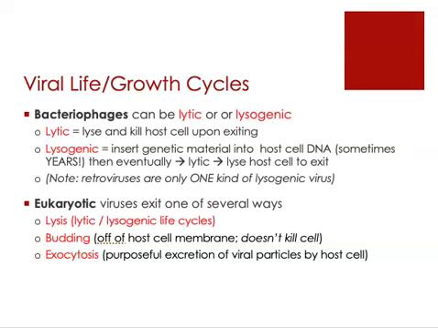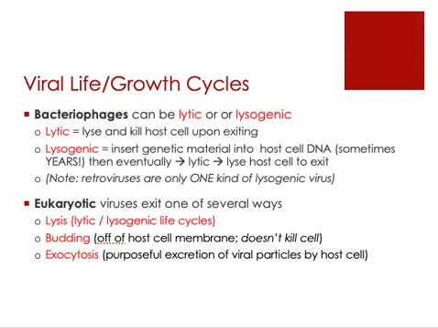Eukaryotic viruses are a little bit different. Yes, there are lytic and lysogenic viruses that infect eukaryotes. But there are some eukaryotic viruses that don't kill the host cell when they leave. Some eukaryotic viruses can bud out of the host cell.